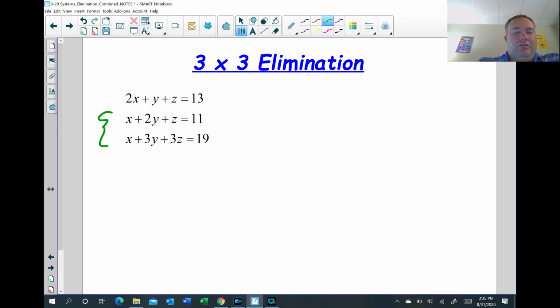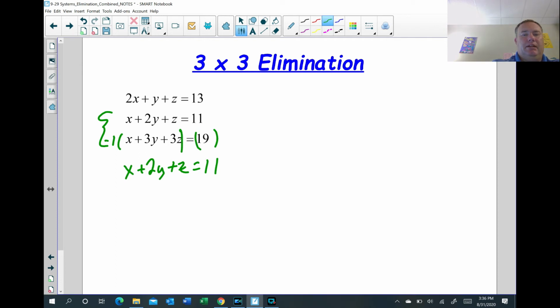The second 2 equations. What I'm going to do to start with is if I want to eliminate x here, since they have the same coefficient, I need to make one of these negative. So what I did in this problem, you're going to say I'm going to do some erasing in this one eventually. I basically took that second equation and the third equation and multiplied it by -1.